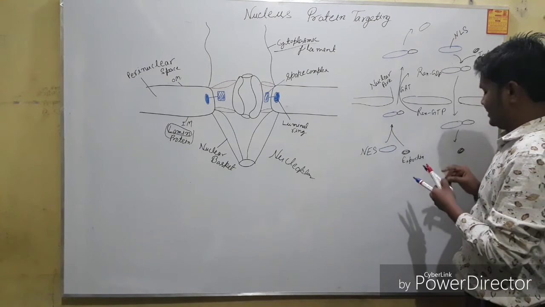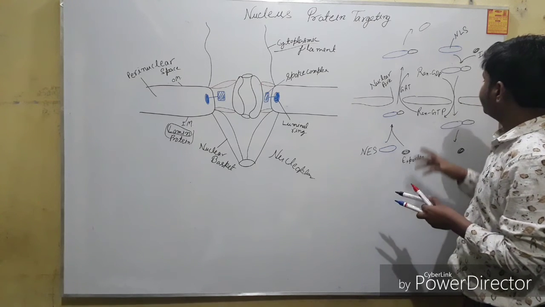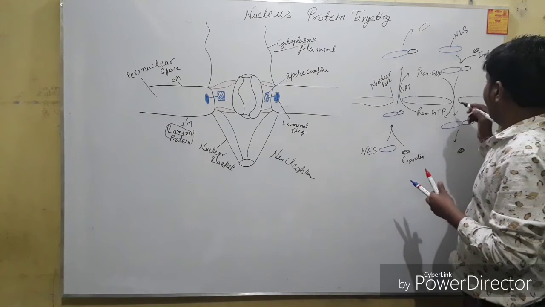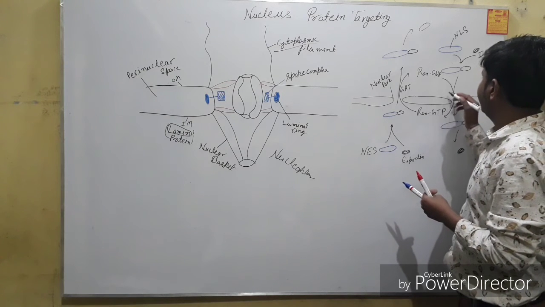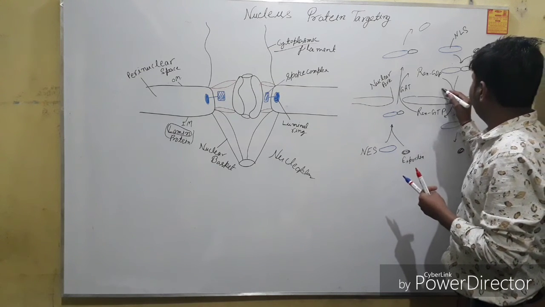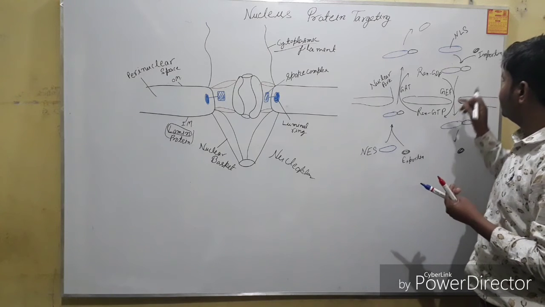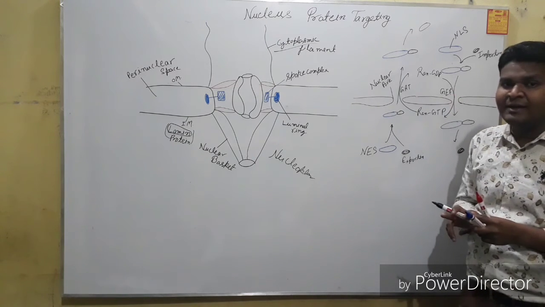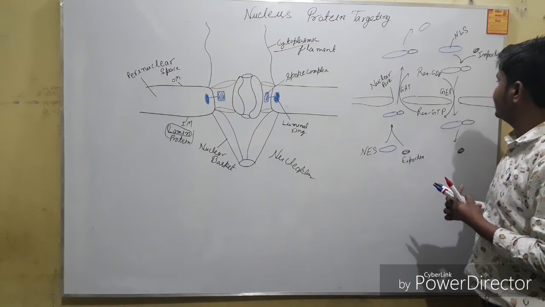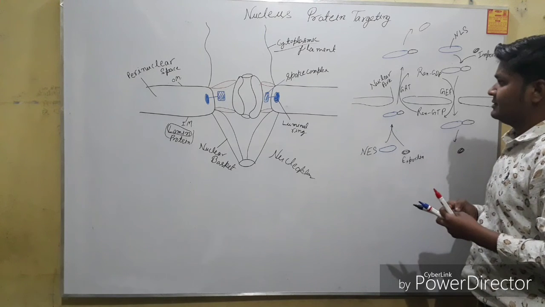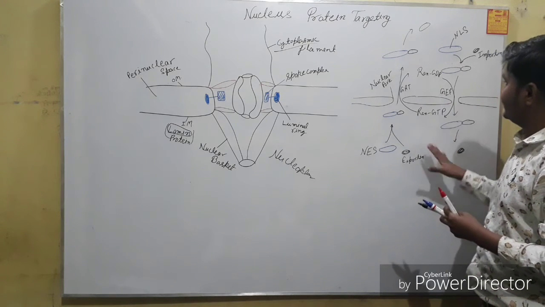This GDP is again recycled back inside the nucleoplasm, and GDP is converted into GTP with the help of GEF protein, the guanine nucleotide exchange factor, which exchanges GDP for GTP. That is all about nuclear transportation.